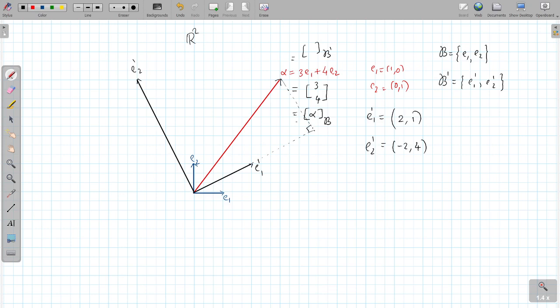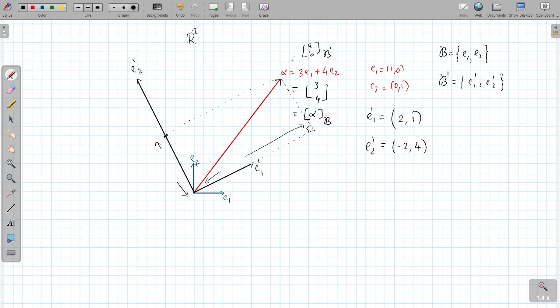This is our perpendicular, and we need to get the perpendicular to this side as well. If we find these two lengths, we can say that this times e1 prime plus this times e2 prime is the alpha. Then you can easily find out the coordinates, say a and b, from those.